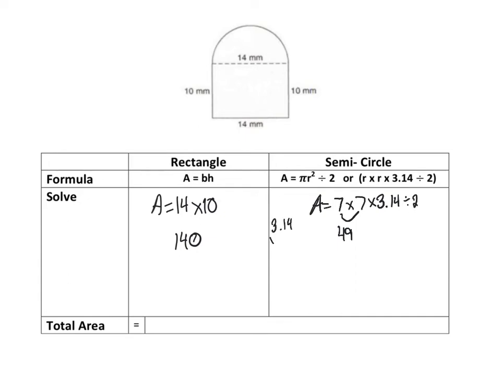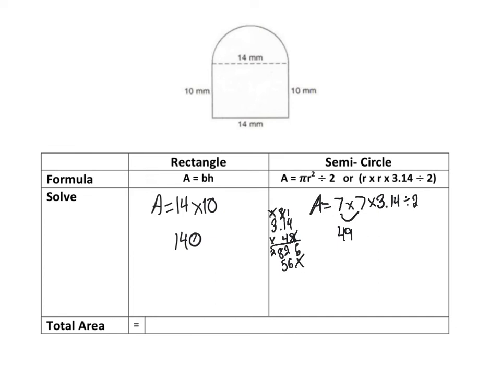I can't do the next part in my head, so I'm going to kick it out here to the side. 3.14 times 49. 9 times 4 is 36. Put a 6, carry the 3. 9 times 1 is 9, plus 3 is 12. 9 times 3 is 27, plus 1 is 28. We can cross out because we're done with that. Put an X for place value. 4 times 4 is 16, carry the 1. 4 times 1 is 4, plus 1 is 5.